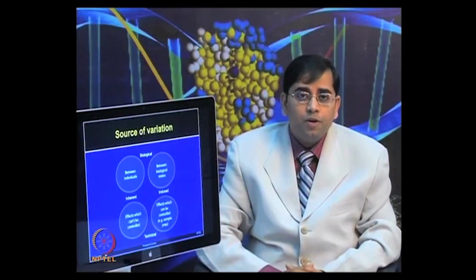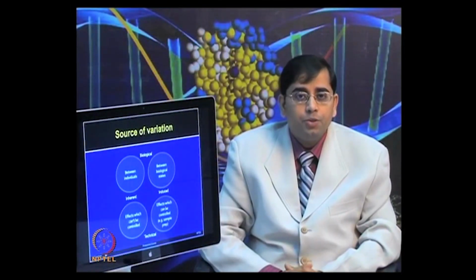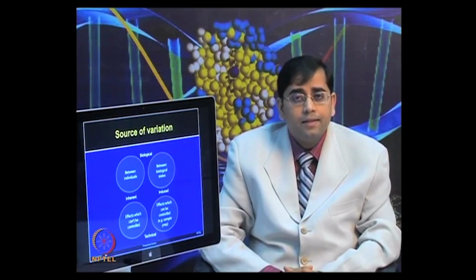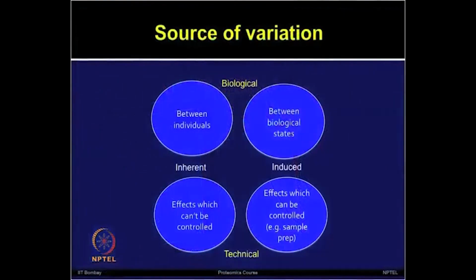So, different sorts of variations can be introduced from biological as well as technical means. There are biological variations over which there is no control. If you are doing clinical studies, then even if you have done proper age and gender matching, there will still be some variations due to each individual's uniqueness.